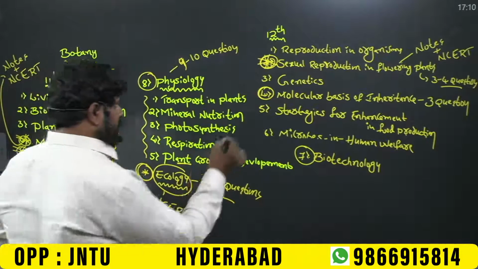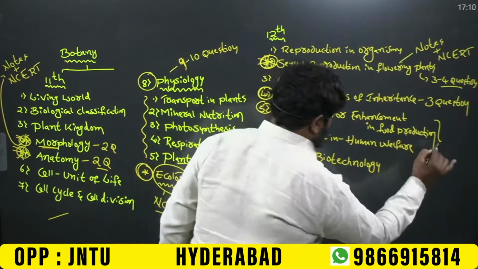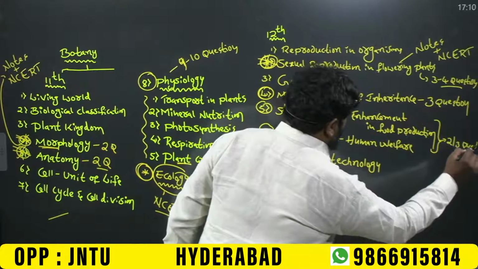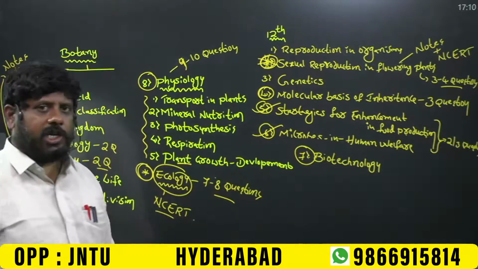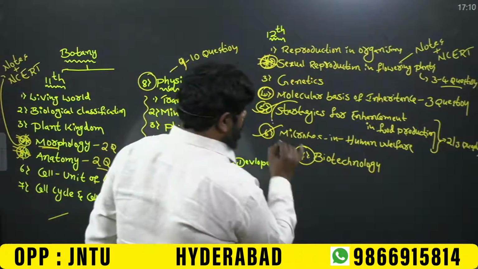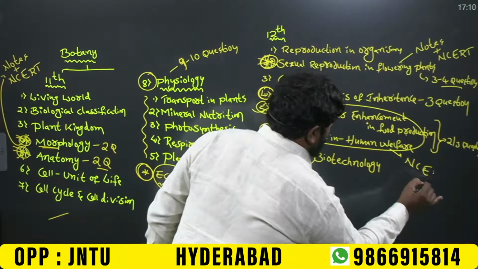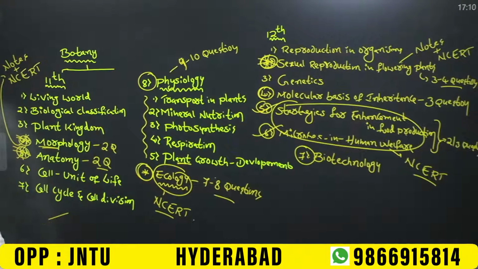Then after strategies and microbes. From these 2 lessons you can expect 2 to 3 questions. Stick on to NCERT for strategies and microbes in human welfare. For these 2 lessons, you have to prepare NCERT line to line. That is sufficient.